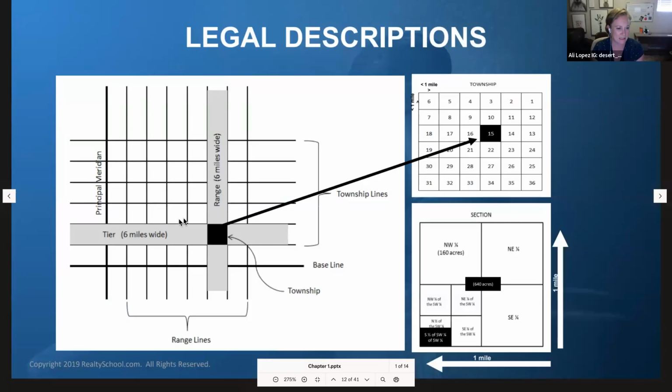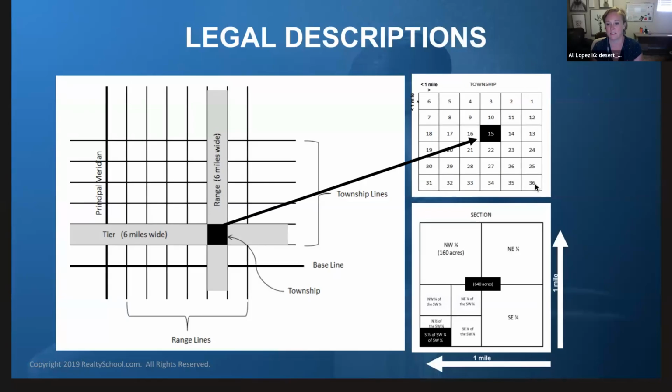And inside your township, the numbers are broken down as well. So inside section 36, it's 1 mile wide by 1 mile high, and that can be broken down separately. Each section is 640 acres.